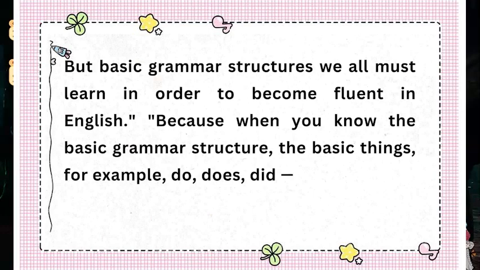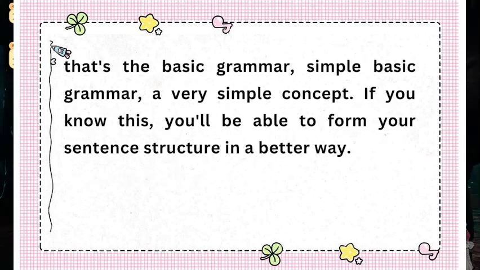But basic grammar structures we all must learn in order to become fluent in English. Because when you know the basic grammar structure, for example, do, does, did, that's the basic grammar, a very simple concept.